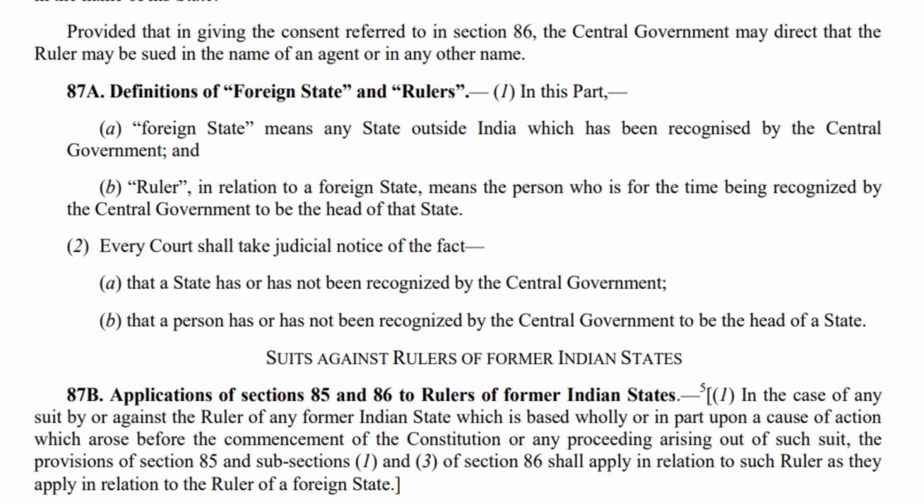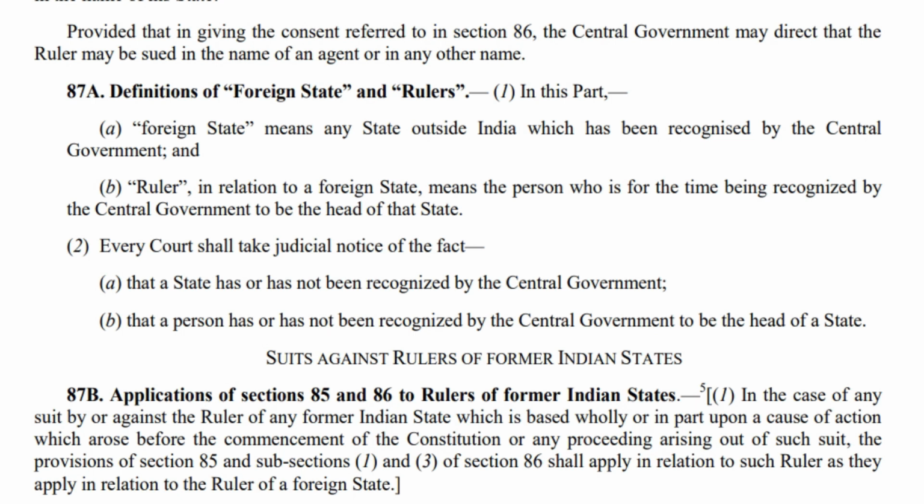The next fact, which is point B, is whether a person has been recognized or not recognized by the central government to be the head of a state. So imagine that A is not recognized and B is recognized, but other countries recognize A. There is a confusion. So in that case, the court should know as to whom the central government has accepted as the head of the state.